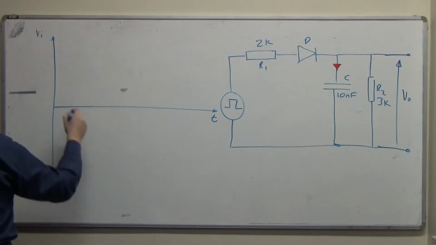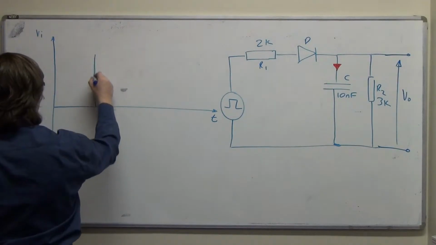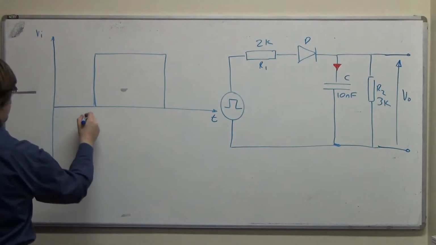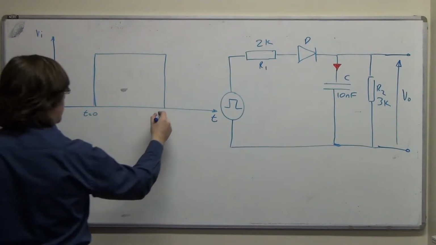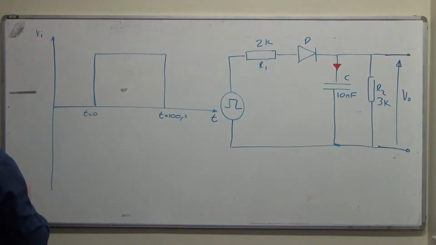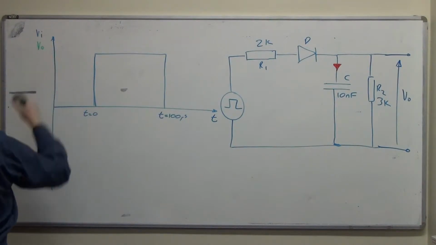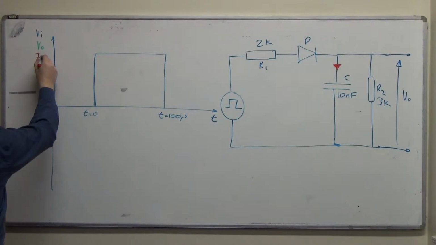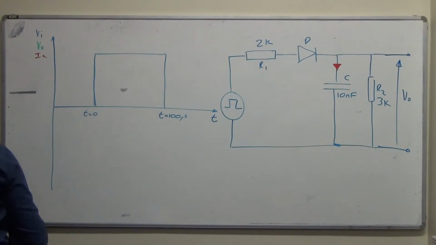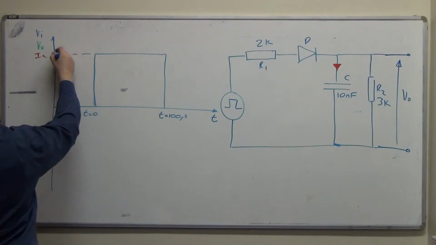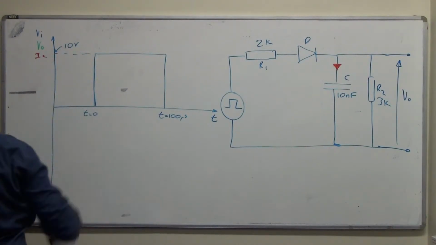So we'll have V in in blue, which will look like this, and this will be T equals 0, and this will be T equals 100 microseconds. And we'll have V out in green, and we'll have IC in red. And the input pulse height is 10 volts.